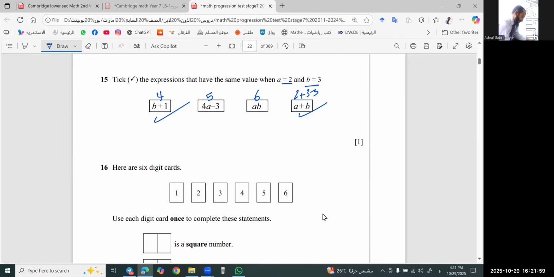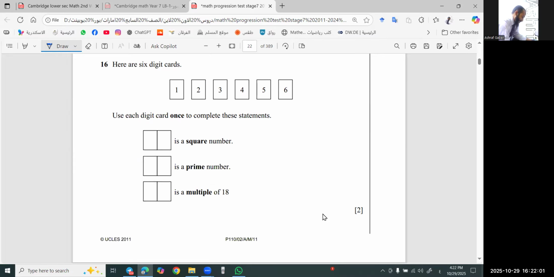From this exercise, here is a 6-digit number. Use each digit card once. If you choose the number once, cancel it. Create a square number, a prime number, a multiple of 18. A square number, what can we use?